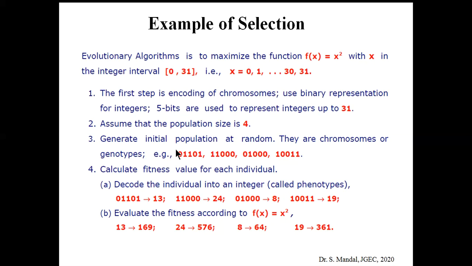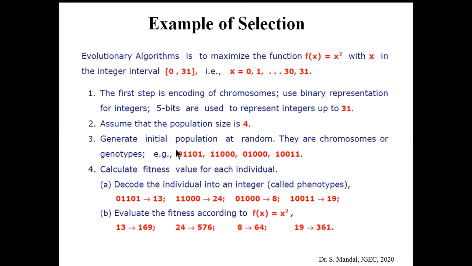It is very simple. By just observing the function, you can tell that the maximum value of f(x) will be 31 squared. But for our optimization problem, we want to know the maximum value of this function using GA.